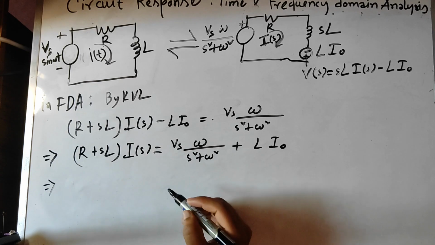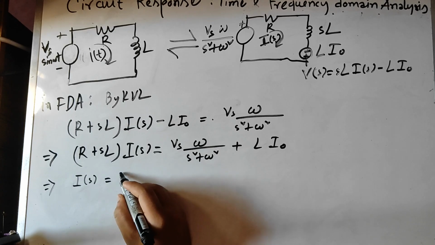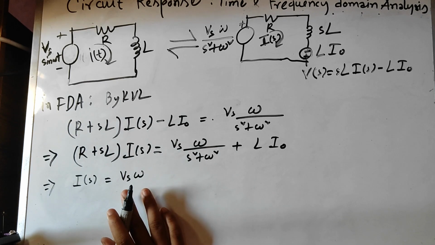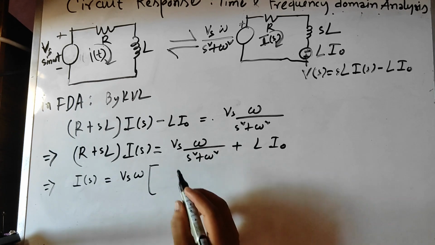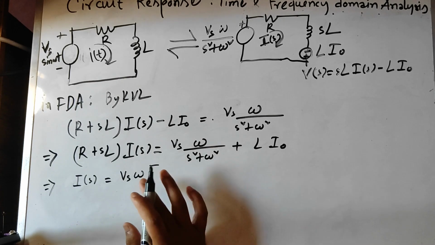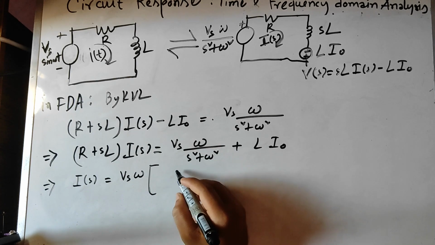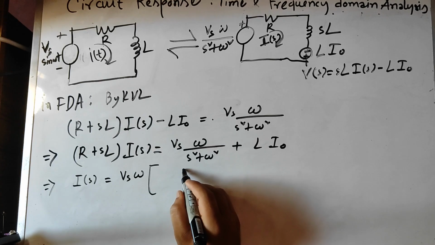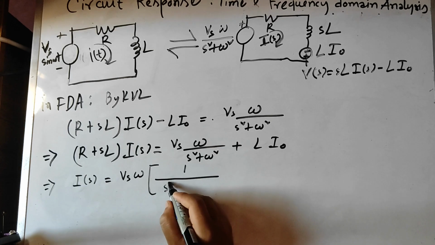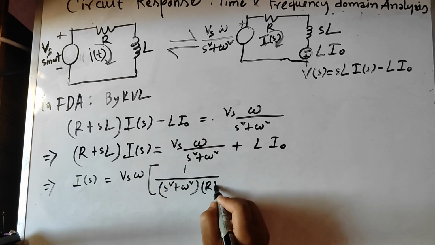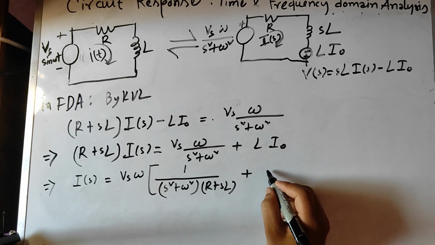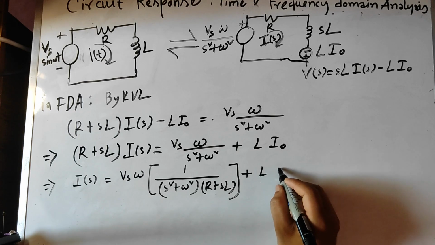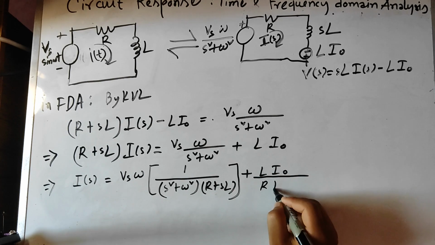Now I(s) is Vs. Let us for the moment keep the Vs and omega to the side, and we are gonna use 1 by (s square plus omega square)(R plus SL), plus L I0 by (R plus SL).